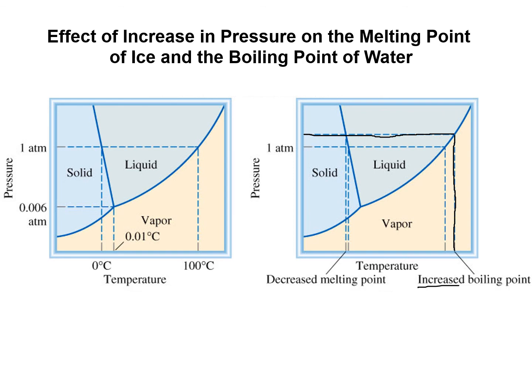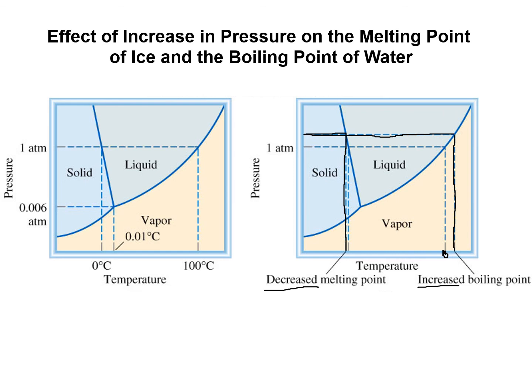This is the 100-degree boiling point right here, the normal boiling point, or the boiling point at 1 atmosphere. So when we increase pressure, we increase the boiling point. But what happens to the melting point? So we go over to the equilibrium line between solid and liquid and down to our x-axis. And we find that when we increase the pressure, we decrease the melting point.